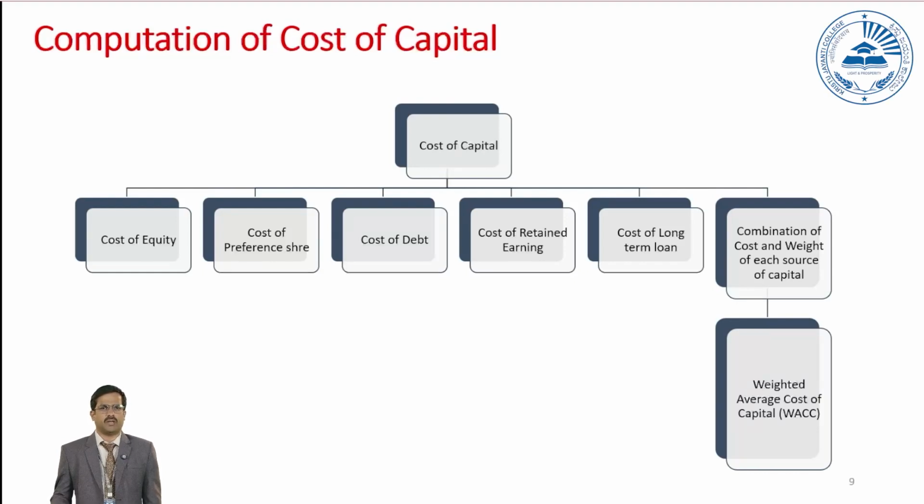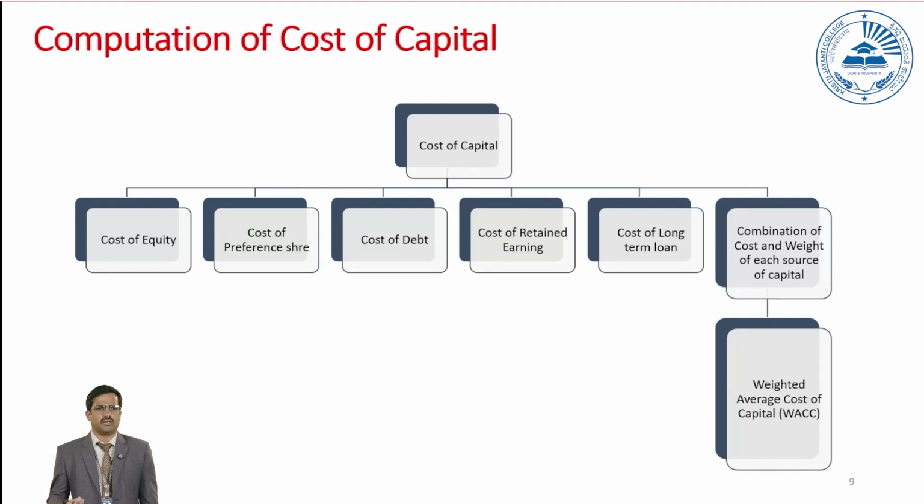So whatever interest they are paying is multiplied by 1 minus T, that is tax. Tax is also deductible because it's a cost for the company. You need to deduct the tax from the interest, then you will get the cost of long term loan.